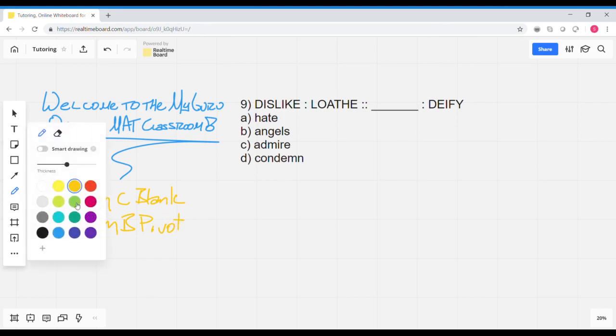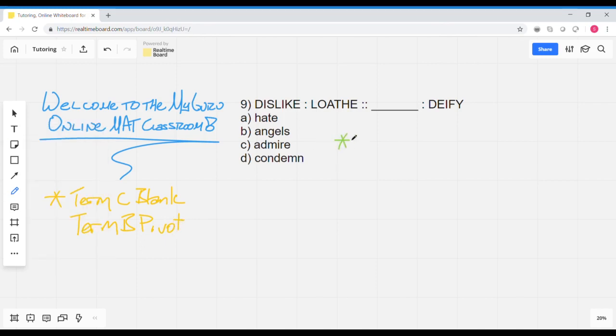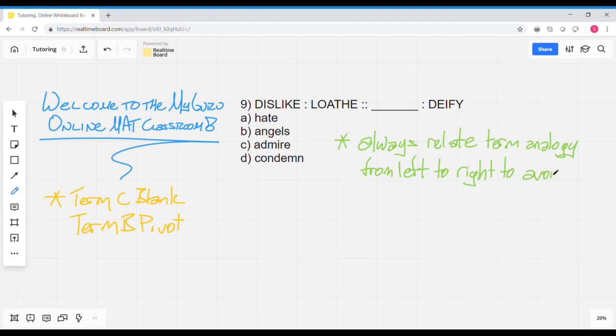Now, anytime you are working through your MAT analogies, always relate the term analogy from left to right to avoid unintentional reversals.